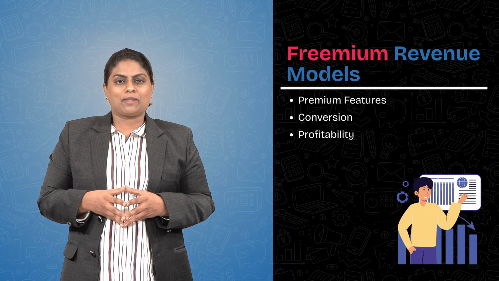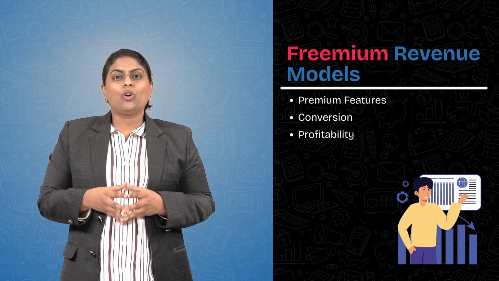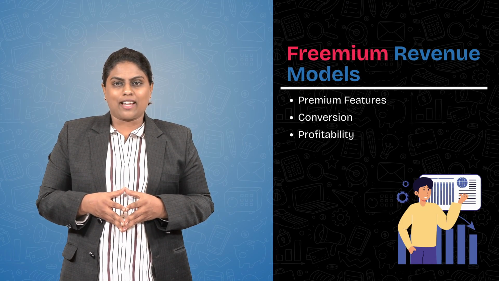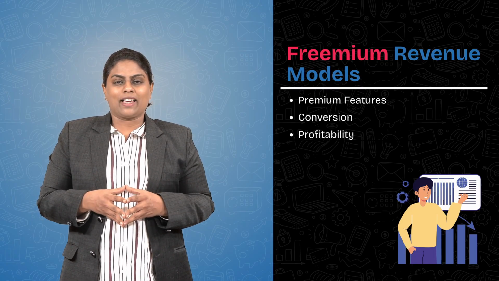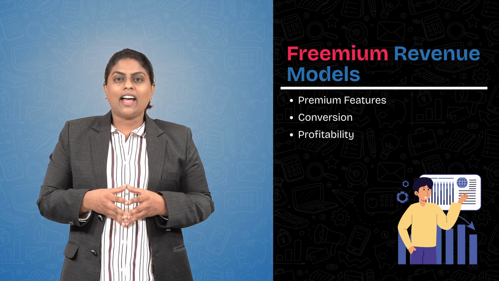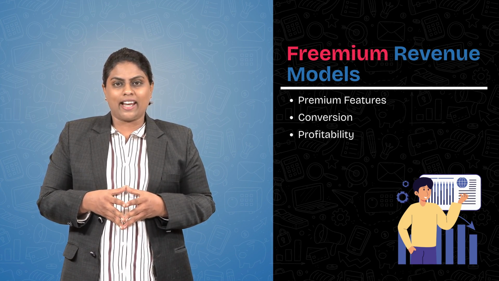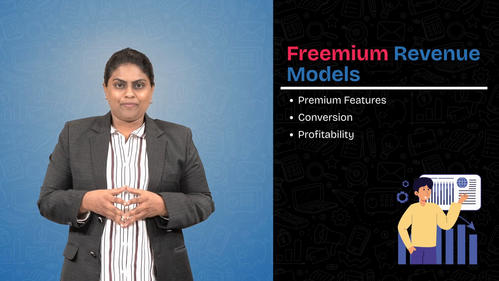Transactional and marketplace models earn revenue through a percentage fee per transaction, which ties revenue directly to gross merchandise volume but requires adequate scale and healthy take rates to reach profitability.